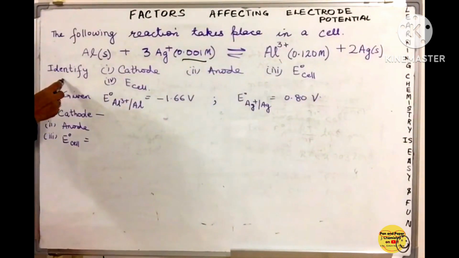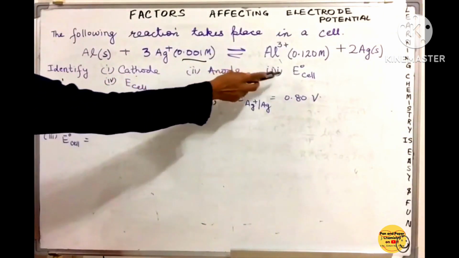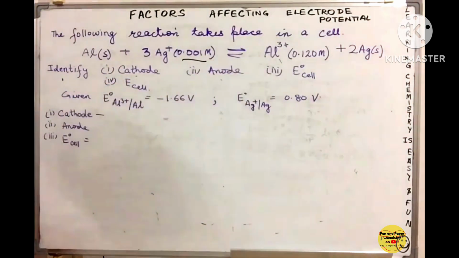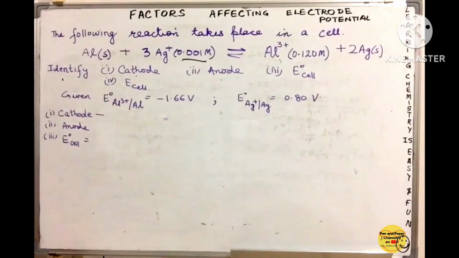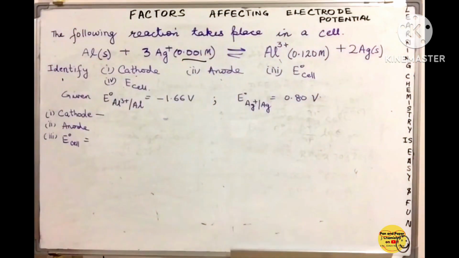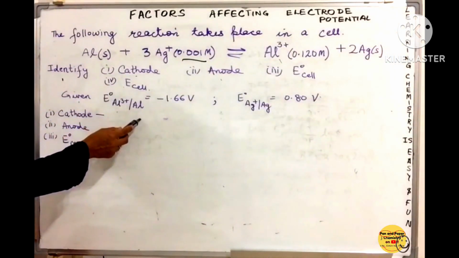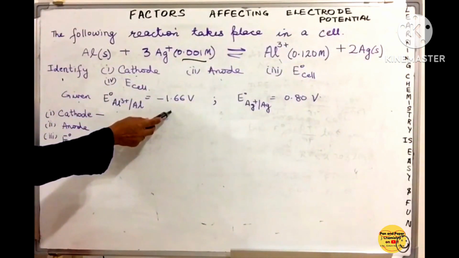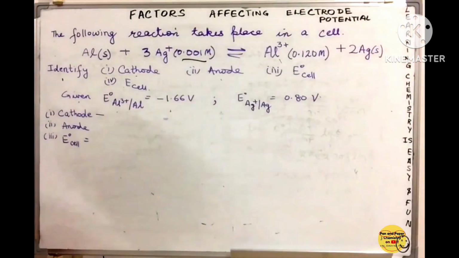You have to identify the cathode and anode, calculate the standard EMF of this cell, and calculate the EMF of this cell. Please understand the difference: there's a naught sign over here, there's no naught sign over here. The data provided to you is E naught Al3+/Al is negative 1.66 volts, and E naught Ag+/Ag is 0.80 volt.